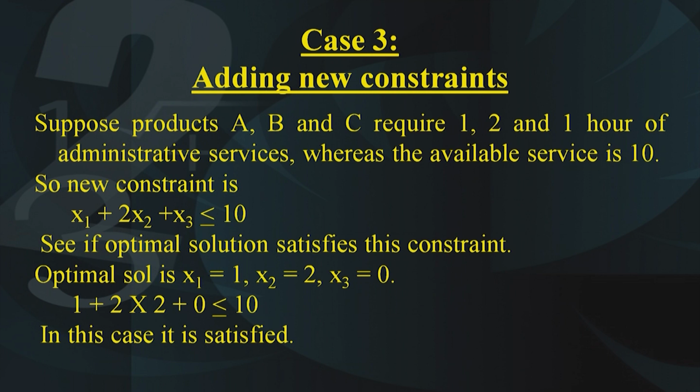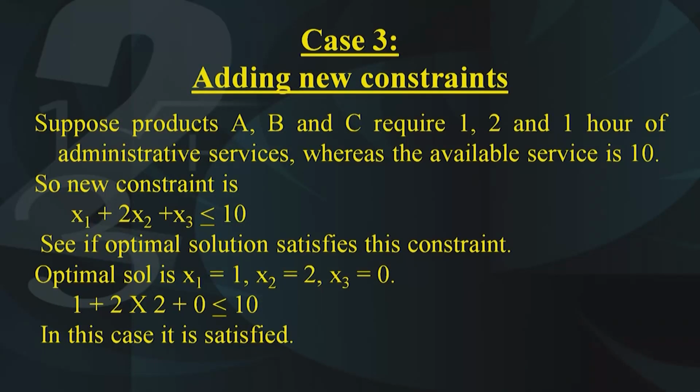So, all this data can be clubbed together in the form of a third constraint as follows: x1 plus 2x2 plus x3 less than or equal to 10. And now, we want to see if the optimum solution which has been obtained till now satisfies this constraint or not.